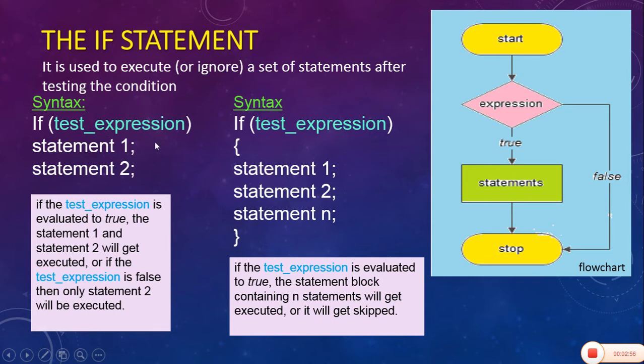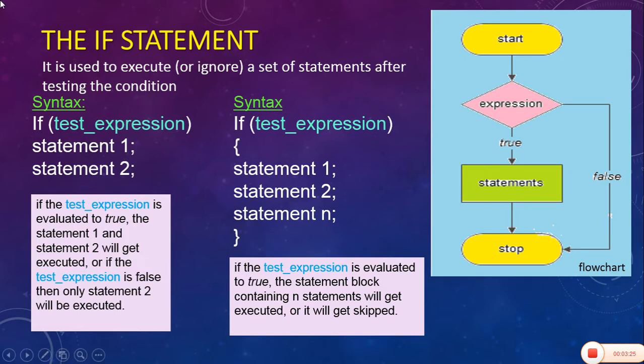This test expression is a relational expression, and as you know, the relational expression will always give a single value. If the relational expression is true, it will give a value 1, and if the relational expression is false, it will give you an output of 0.